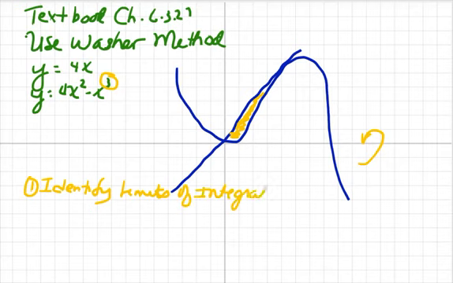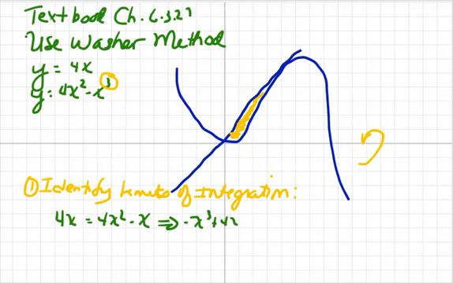Nothing was given to us, so we need to algebraically solve for them. So equate the two functions. We did the setup of this in class, but I just want to, for completeness, show everything, since it's the first real example that we have of the washer method.